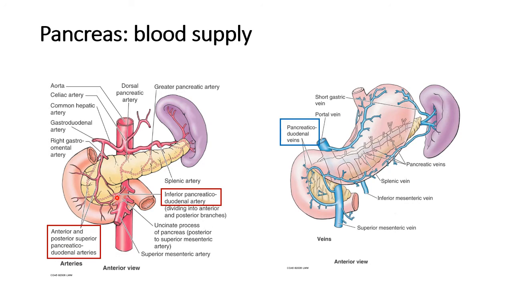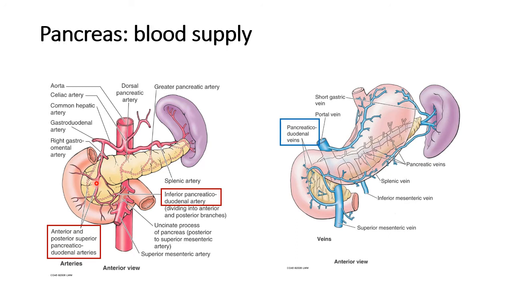Each of them has an anterior and a posterior part. So there is an anterior pancreatico-duodenal branch and a posterior pancreatico-duodenal branch.